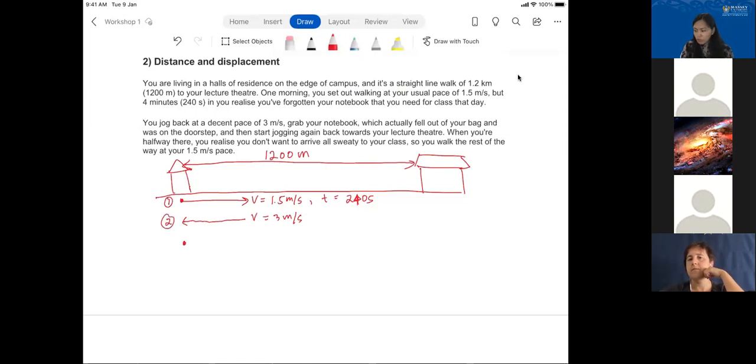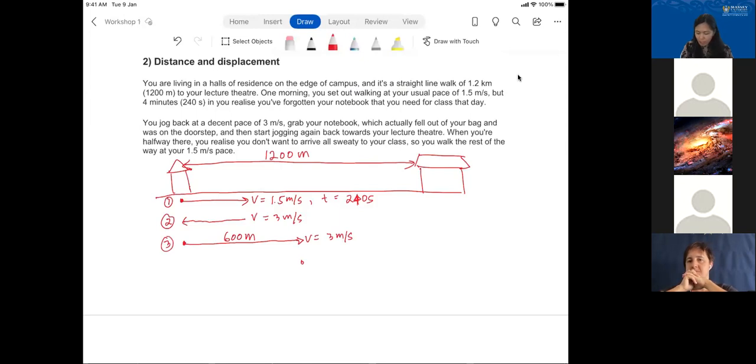And then you found your notebook and jogged back, starting to move again towards the lecture theater, again with a speed of 3 meters per second. Okay. And you jogged halfway. So that means you jogged for a distance of 600 meters, half of 1,200 meters. So that's the third segment.